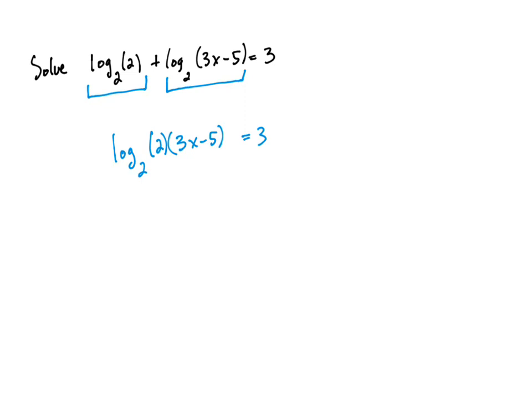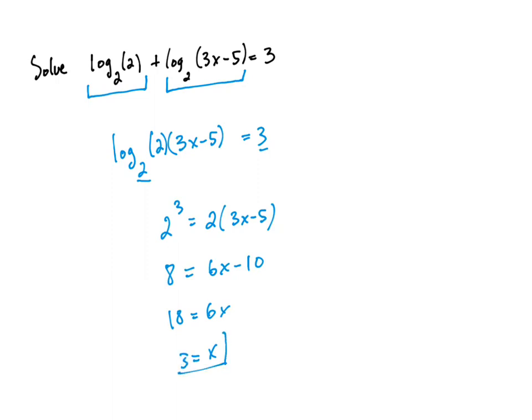Okay, and we have moved this down to a single log expression. So then we can just convert this into an exponential equation. The base is 2, 3 is the exponent. Okay, so from here this is a pretty straightforward equation. 8 is equal to 6x minus 10. 18 is equal to 6x. X is equal to 3.